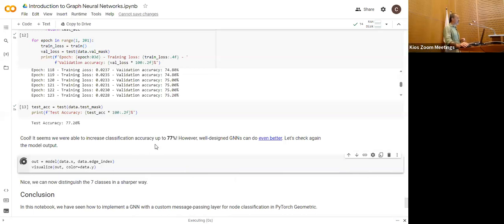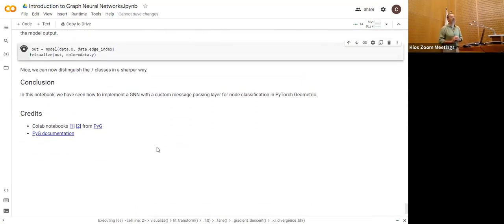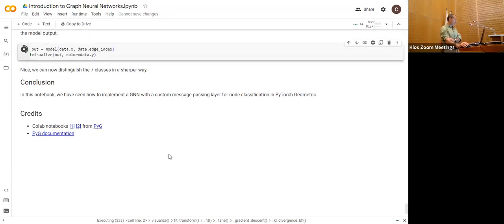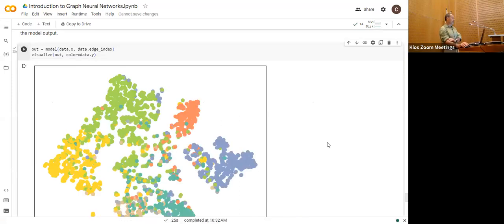Okay, so let's see what the graph neural network is doing in terms of labeling. It takes some time. Okay.